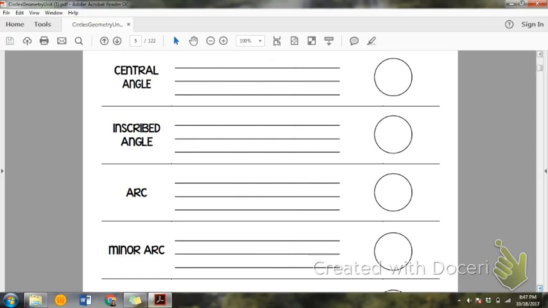So a central angle is an angle with a vertex. Remember, vertex is the starting point, with a vertex on the center, with two sides that are radii.